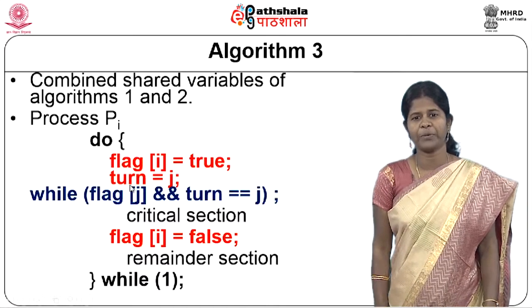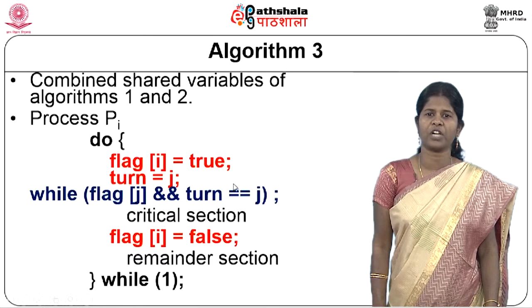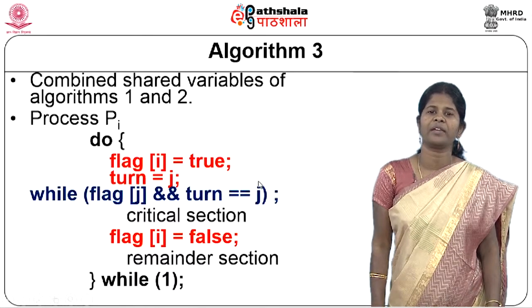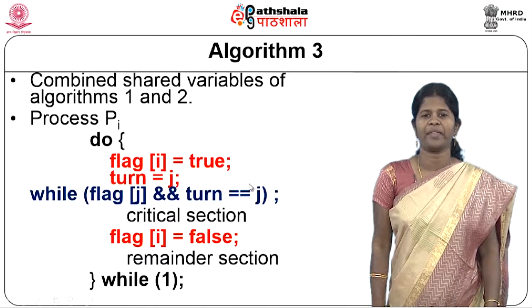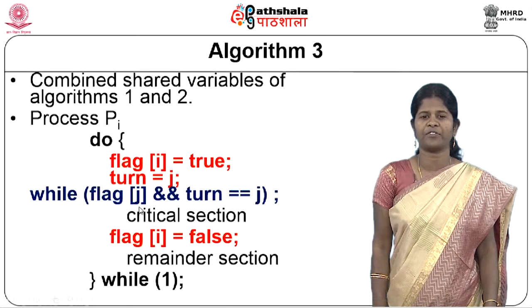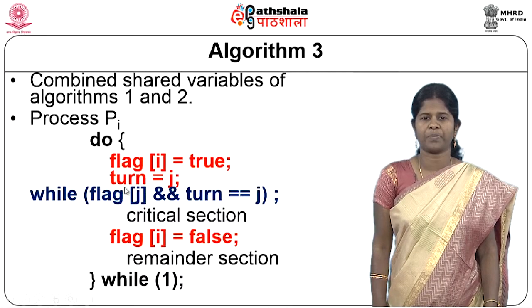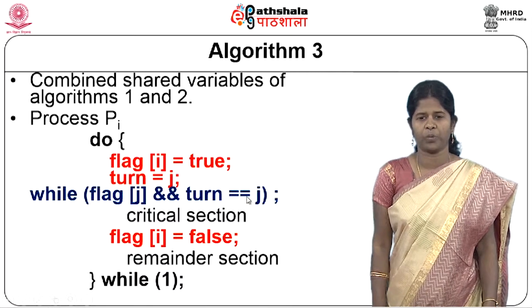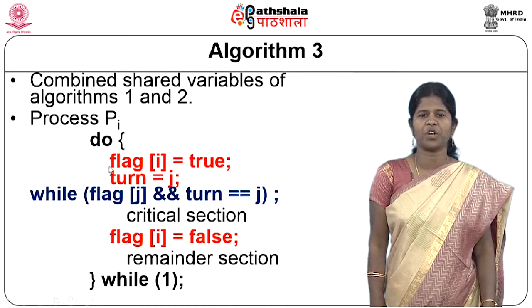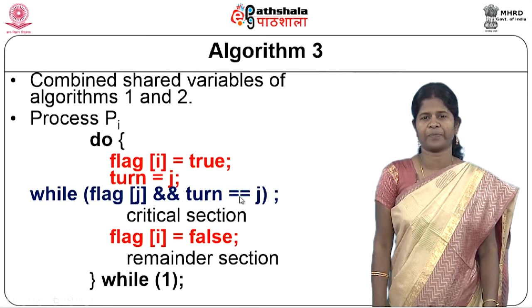So, if the other process wants to enter the critical section and the value of turn is also equal to the number of the other process, then this process waits. As long as flag of j is true and turn is equal to j, this process Pi waits in this while loop. It continuously keeps on checking this while loop till at least one of these becomes false.